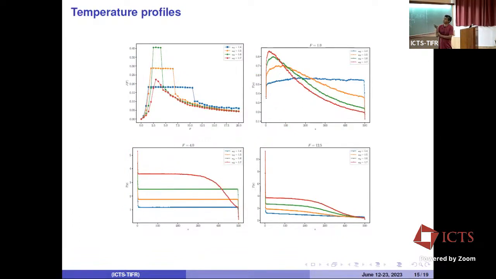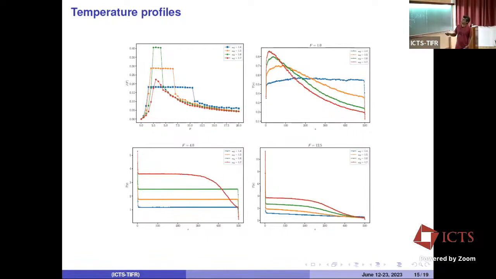Here I show what the temperature profiles look like at finite temperature. Let's say this is at temperature 0.1, the plots at various frequencies, and let's look at this particular case at omega equal to 1.5. There you can see there are three regimes: this regime, the flat regime, and this other regime. If you look somewhere here and ask what the temperature profile looks like, you get something like this.